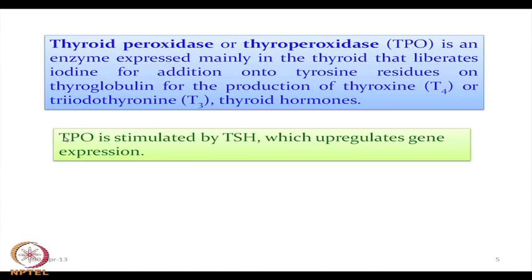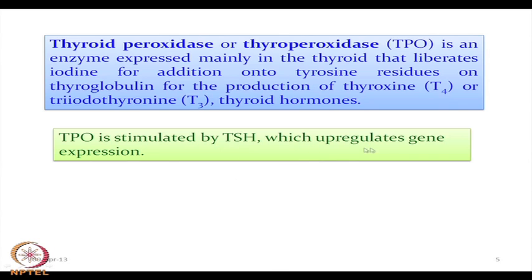And sometimes this TPO molecule is also stimulated by TSH, the thyroid stimulating hormone. This thyroid stimulating hormone is basically activating the TPO, and TPO in turn can act on the iodide ion for the production of iodine for the thyroxine synthesis.